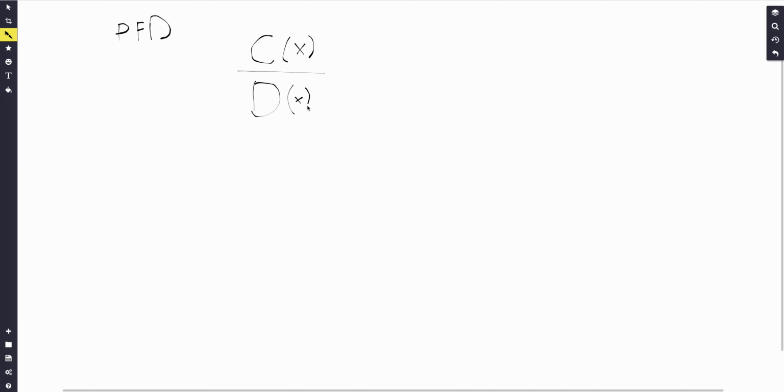Again, c of x and d of x are just like f of x, just different variables. Okay, so basically, whenever we have this form, we can use PFD. And what PFD allows us to do is simplify this into simpler terms, I guess.